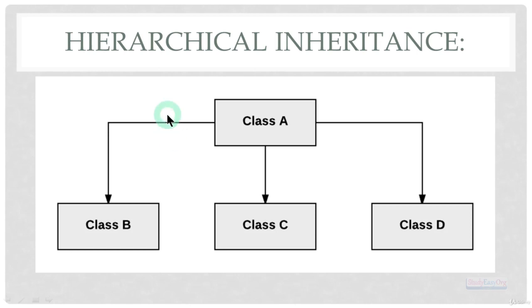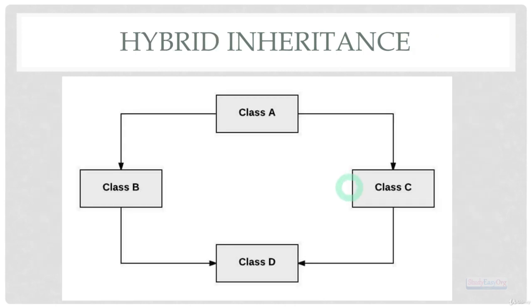Here we have hierarchical inheritance. Here we have only one superclass, only one parent class, and there are multiple subclasses, multiple child classes, right? This kind of inheritance is definitely allowed, and this is known as hierarchical inheritance. Alright, now moving forward, we have hybrid inheritance, where there could be a combination of different types of inheritance.